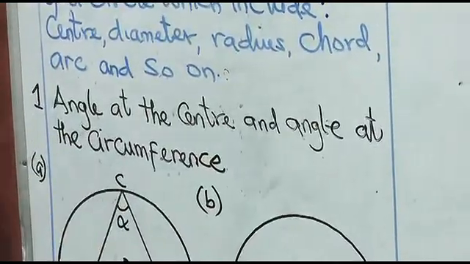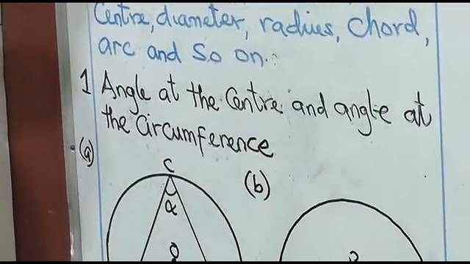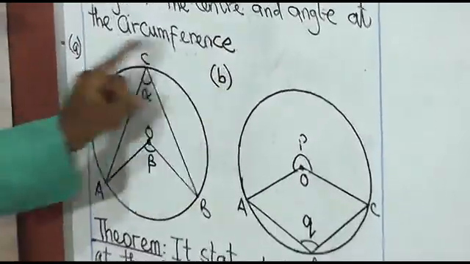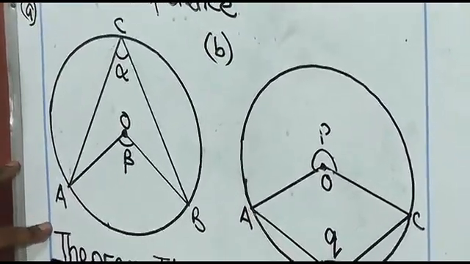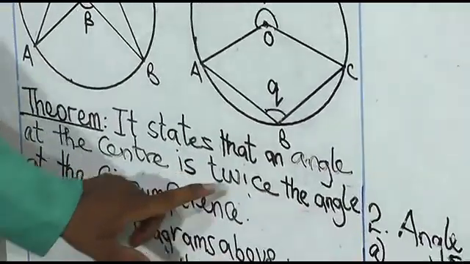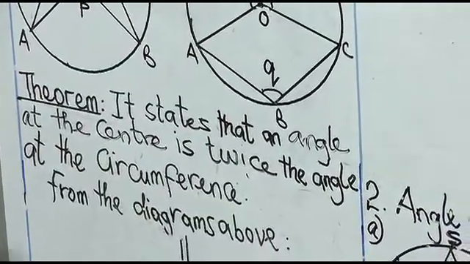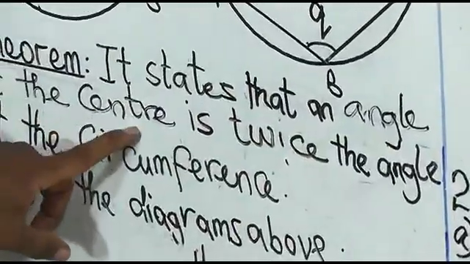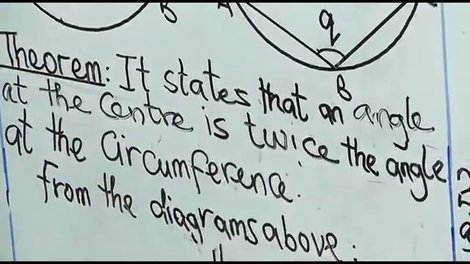Now, going back to our objective, we want to look at the angle at the center and the angle at the circumference. From the diagram, we have two diagrams. Observe the diagram. This is A and this is B. The theorem states that an angle at the center is twice the angle at the circumference.